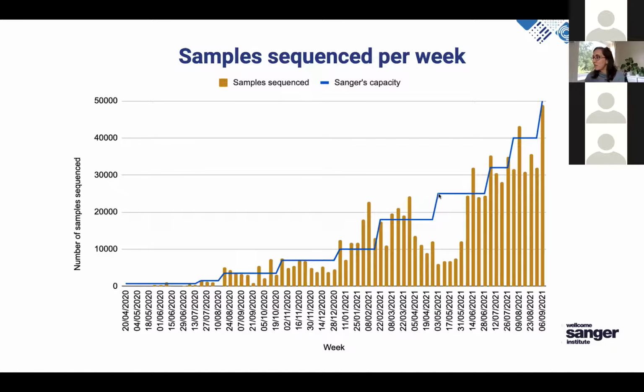As you can see, Sanger's capacity was much higher than what we were actually sequencing, simply because there weren't enough samples to be sequenced. At this moment, there are far more samples to be sequenced than our capacity, and we are at about 50,000. We're not quite there at 50,000, but I will explain why a little later.